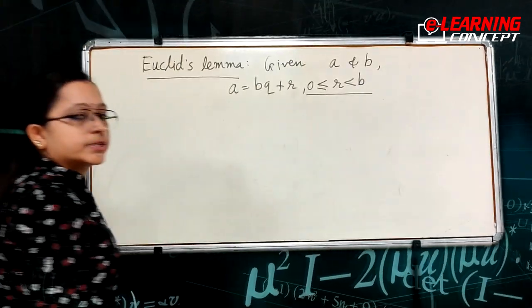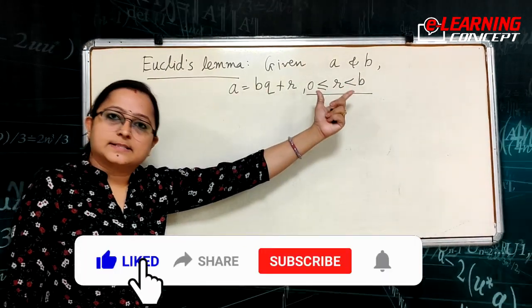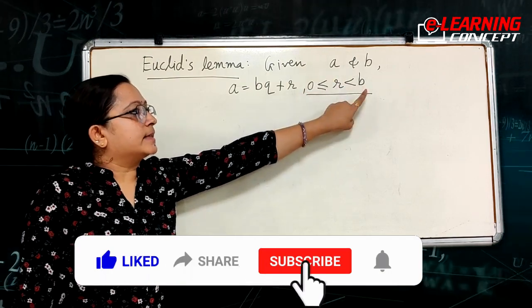When you are writing a = bq + r, it is necessary to write 0 ≤ r < b.